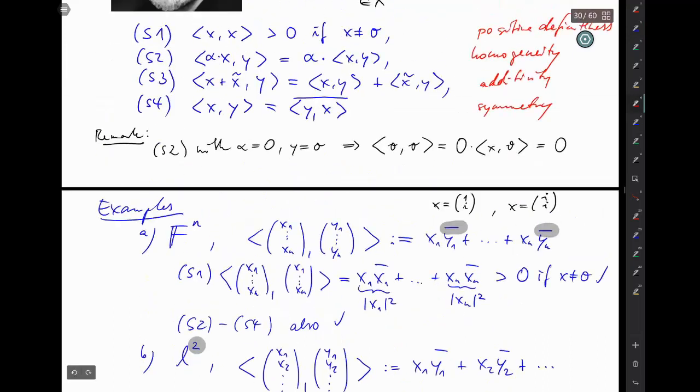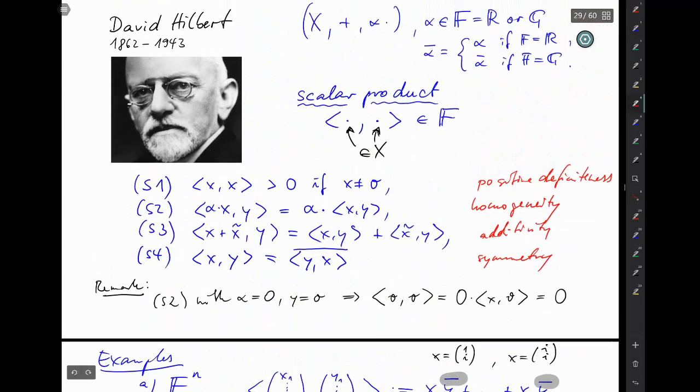If we're looking back at the definition, then maybe you're wondering whether that definition is a little bit unfair to the second argument of your scalar product, because compatibility with multiplication by alpha and addition is only enforced in the first component of your scalar product, but not in the second.